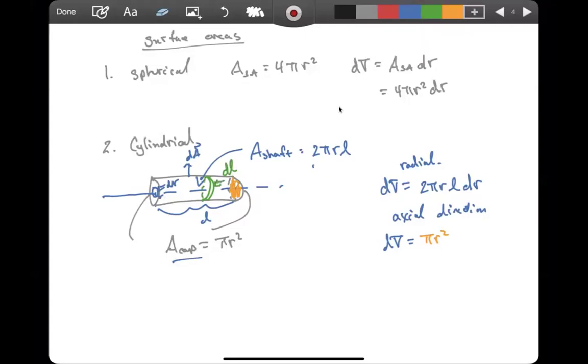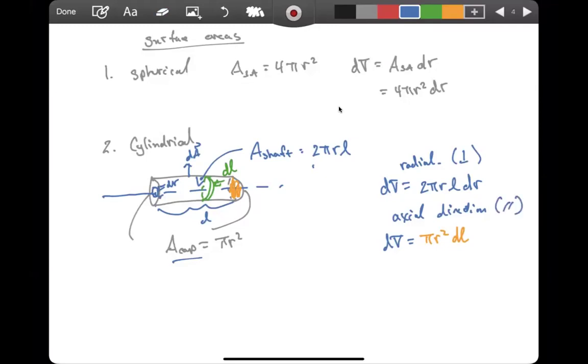So then I'd multiply this by dl to turn it into a volume. So it just depends on the direction in which I'm going. Do I go along the axis or do I go perpendicular to the axis? Radial means perpendicular to the axis, and axial means parallel to the axis.